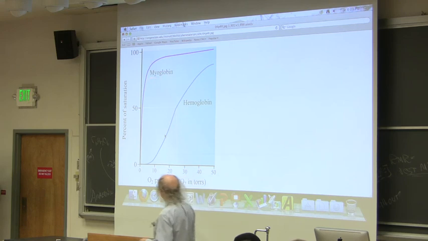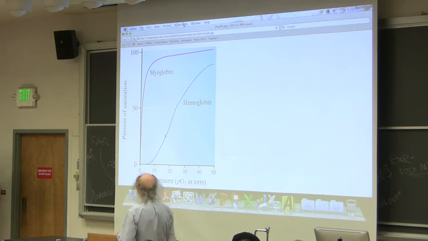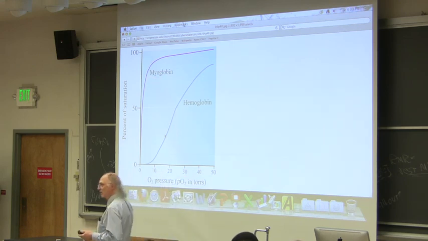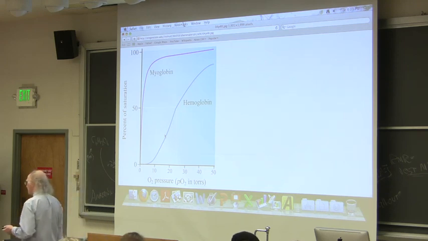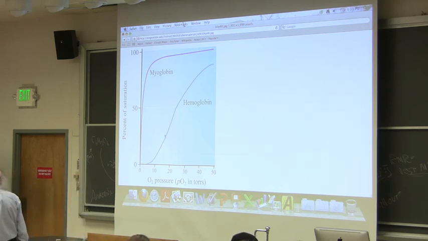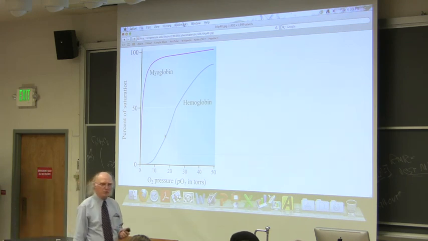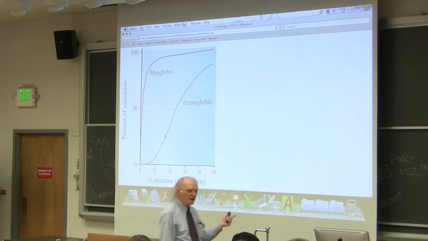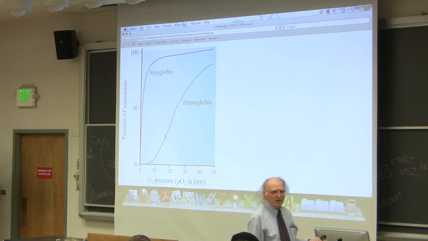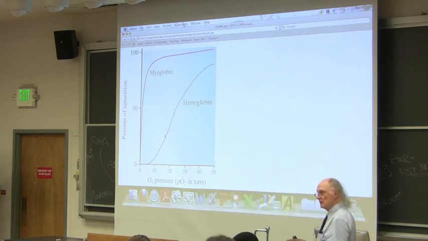We see one plot for myoglobin, and we see a very different kind of plot for hemoglobin. What I've told you so far, we can actually explain with this graph. What I've told you so far is that myoglobin is not very good at delivering oxygen. And that's shown in this graph right here.